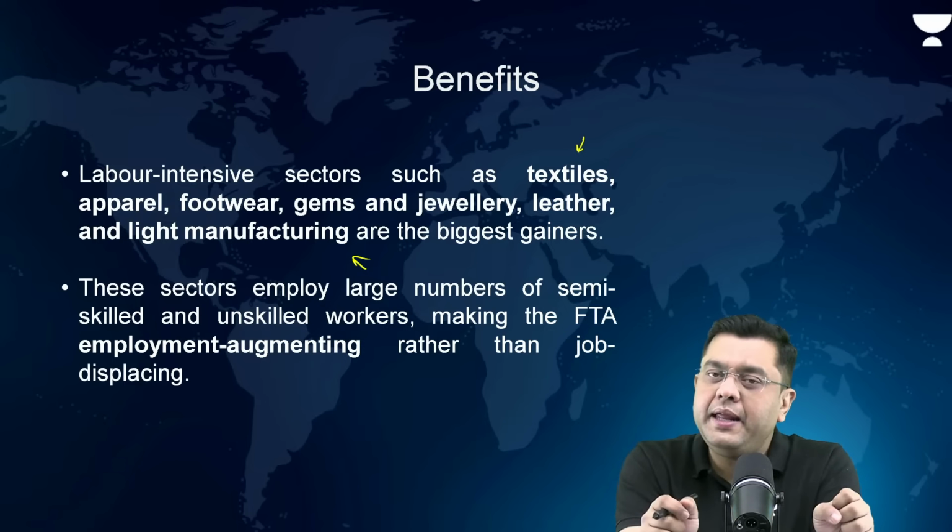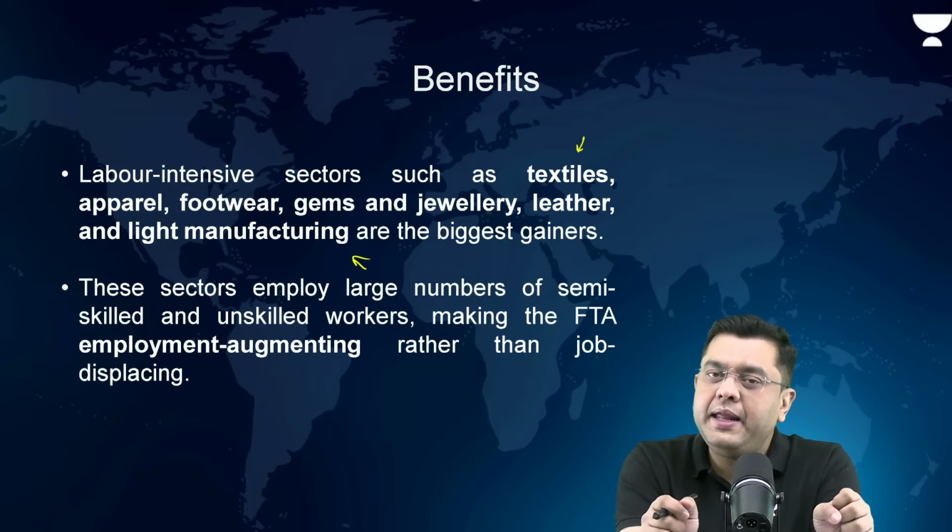Once it is finalized, you will have a duty structure where many of the labor intensive industries will face zero tariff or a very reduced tariff. Now these labor intensive sectors can benefit from it, and mind you, labor intensive means what? Each of them has a large amount of employment opportunity, a large number of people working in these industries.